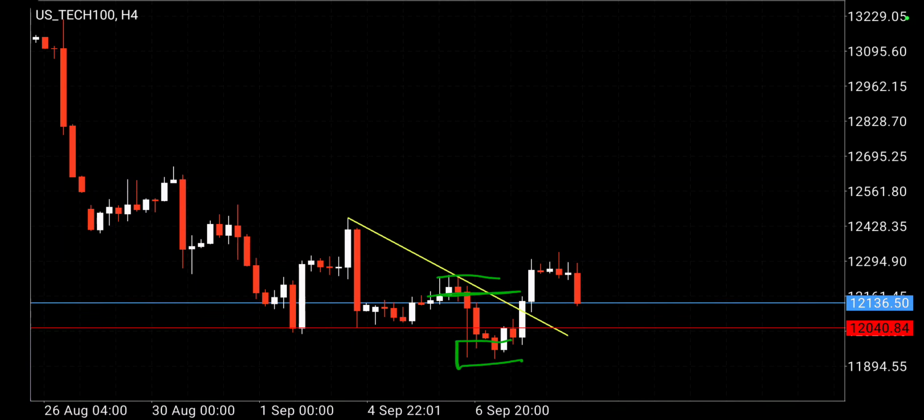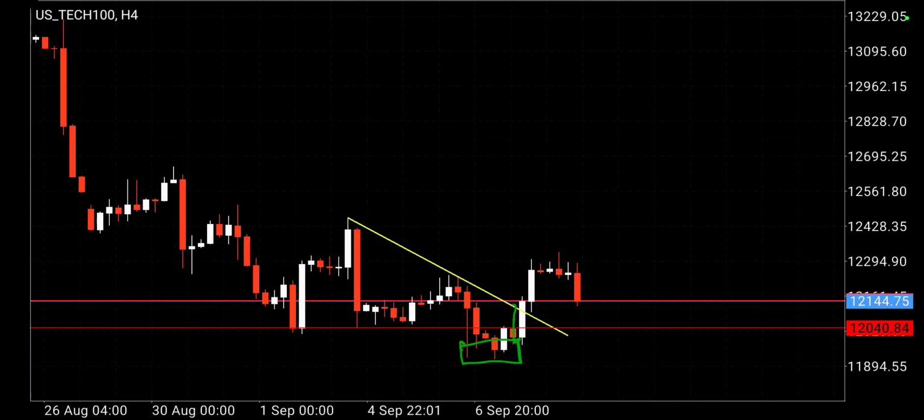But if you got reasons to buy here, you could do so. But even when you got the reason to buy, you can't go and place your TP there, because there's a lot of bearish stuff along the way that you're gonna hit. So when you get your reason to go long here, maybe on H1, you need to make sure that when you hit this, you exit, because you didn't know the trend line was going to be broken.